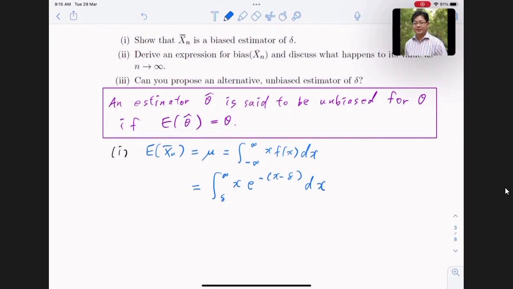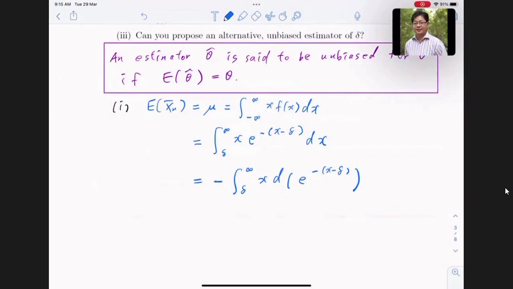If you don't know, then probably you may try to follow. It is based on a technique called integration by parts. We have a negative sign, so we just put this outside the integral. It will become the negative of this integral.